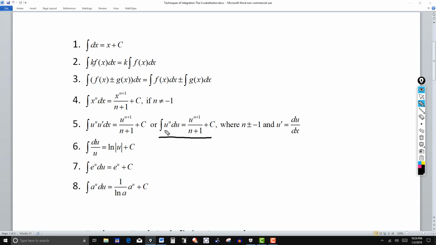So if I have the integral of u to the n du, that's the same thing as u to the n plus 1 divided by n plus 1 plus a constant, where n does not equal -1, and u prime equals du over dx.